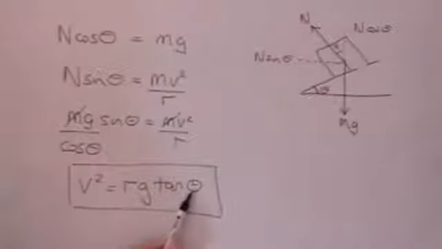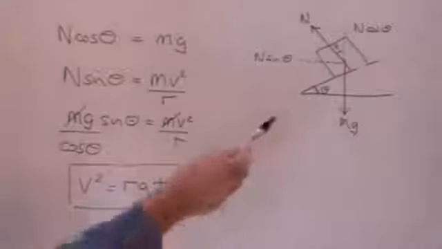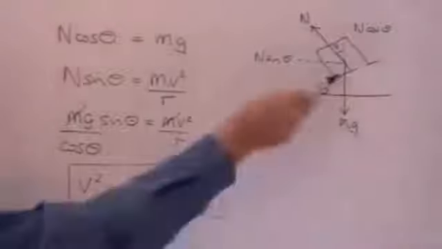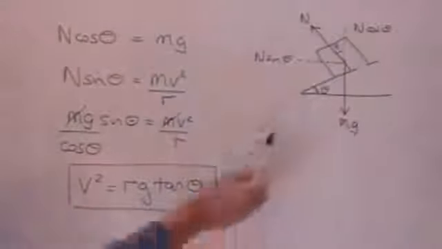So as you increase theta, you can increase the speed. But this is the actual speed that you must go round that circle if there is to be no friction. If you go any faster, then you will simply go sliding off the top of the bank. And if you go any slower, then you will slide down the bank.